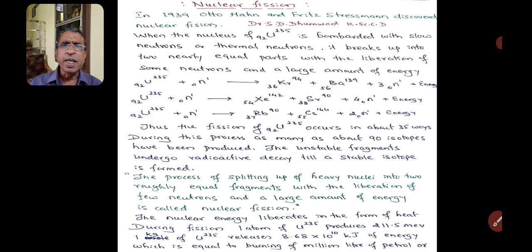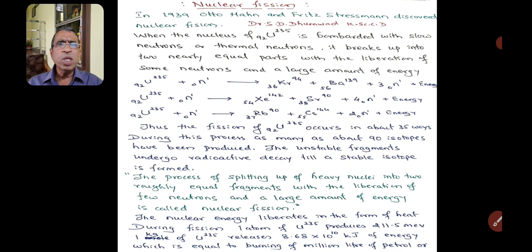They used uranium-235 when it is bombarded with a thermal neutron or a slow moving neutron. So we get krypton-36-94 and barium-56-139, giving 3 neutrons. And there are some other fission products that will be formed.